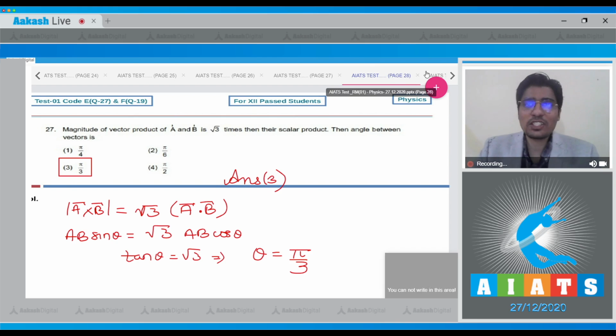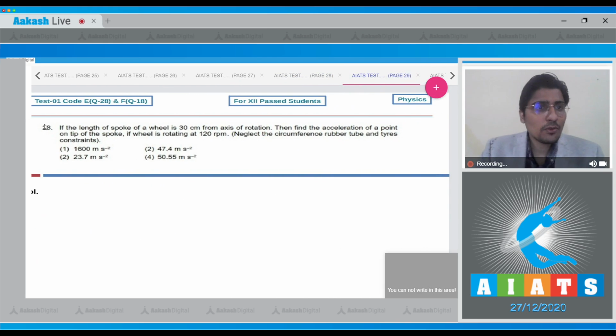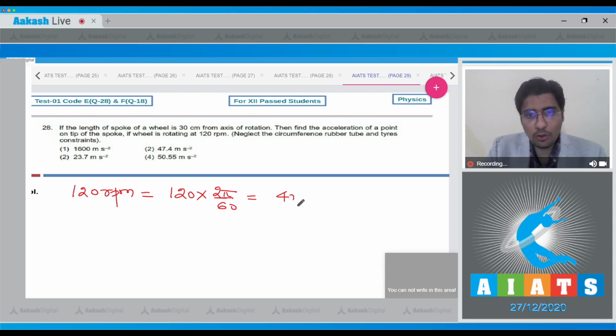Now let us move to the question number 28. In question 28, if the length of the spoke of a wheel is 30 cm from the axis of rotation, then we have to find out the acceleration of the point of the tip of the spoke if the wheel is rotating at 120 rpm. So dear student, first of all let us convert 120 rpm to radian per second. That will be 120 into 2 pi by 60, that is 4 pi radian per second.